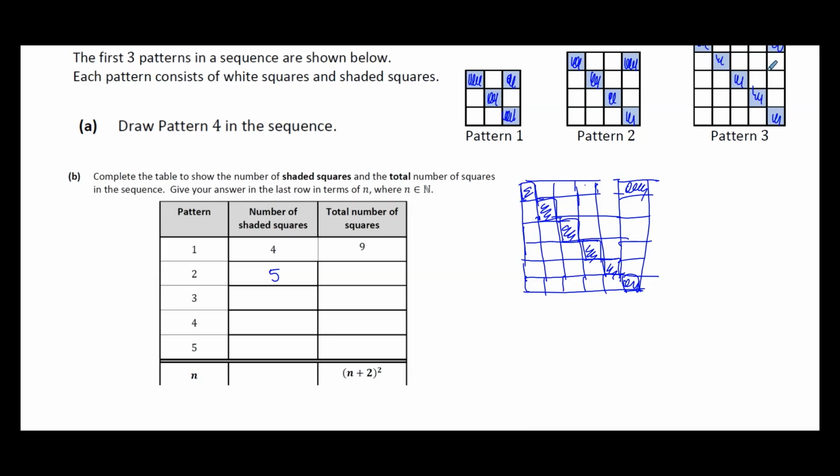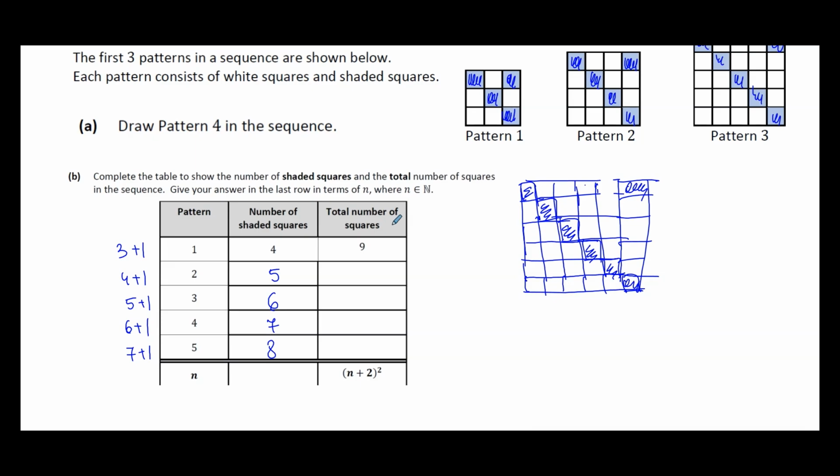Then 5 and 1, therefore 6. Now 6 and 1, therefore 7. Following the same logic, the next is 7 plus 1, which is 8.